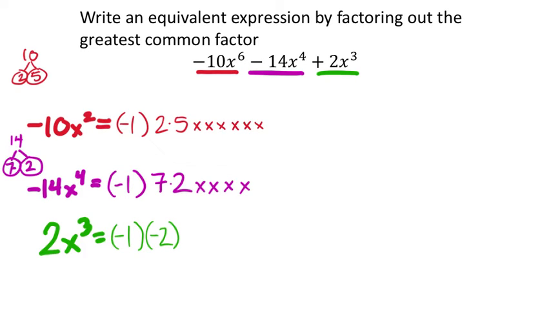Well, why would you do that? It's because I want to force this negative 1 out of all 3 terms, okay? And the only way that I could have done that with the positive is to make both these values negative. You can do that? Yeah. I didn't change the value of 2. If you multiply those, you still get a value of 2. It's just showing a little different. Okay, and then we got the 3 x's being multiplied.